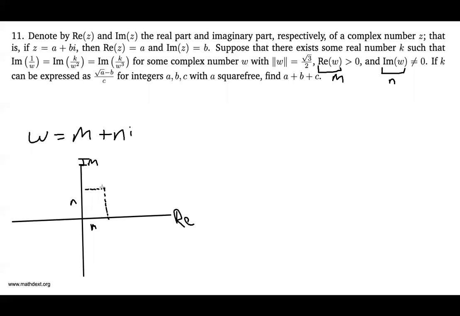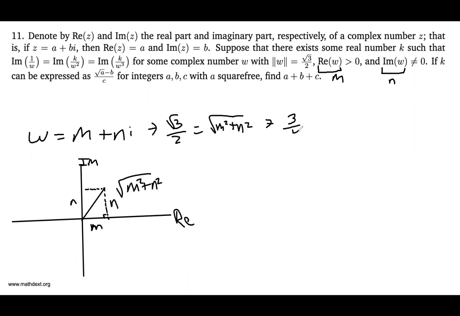Thus the distance from 0 to m plus ni is, using the Pythagorean theorem, square root of m squared plus n squared. So for the magnitude of w to be equal to root 3 over 2, we must have root 3 over 2 equals square root of m squared plus n squared, which in turn implies 3 over 4 equals m squared plus n squared.